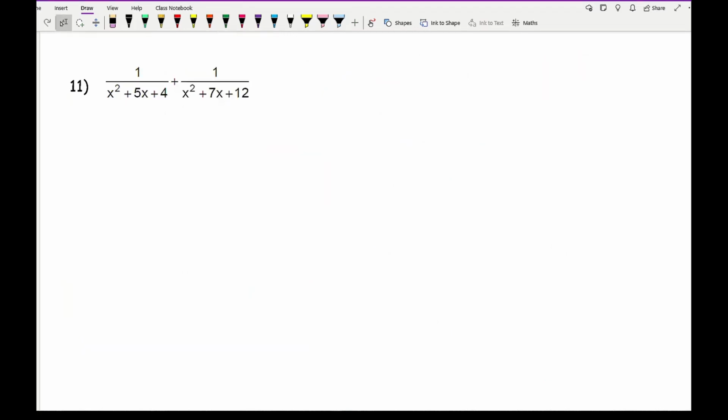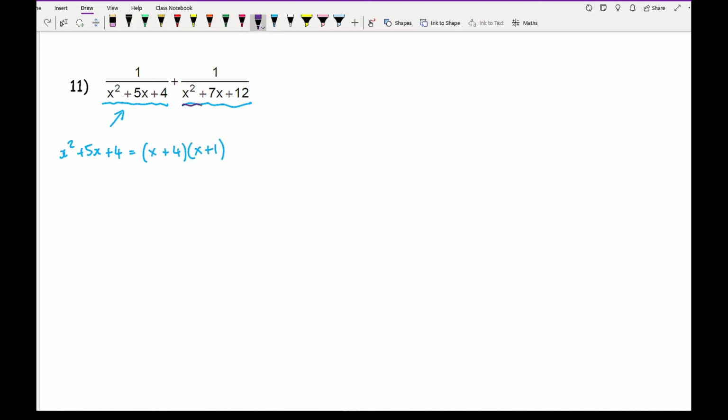Now finally, looking at question 11, we've got something that looks very messy. One thing I would recommend that you do here is try and factorise these two expressions. So looking at this, x squared plus 5x plus 4 can be written as x plus 4, x plus 1.